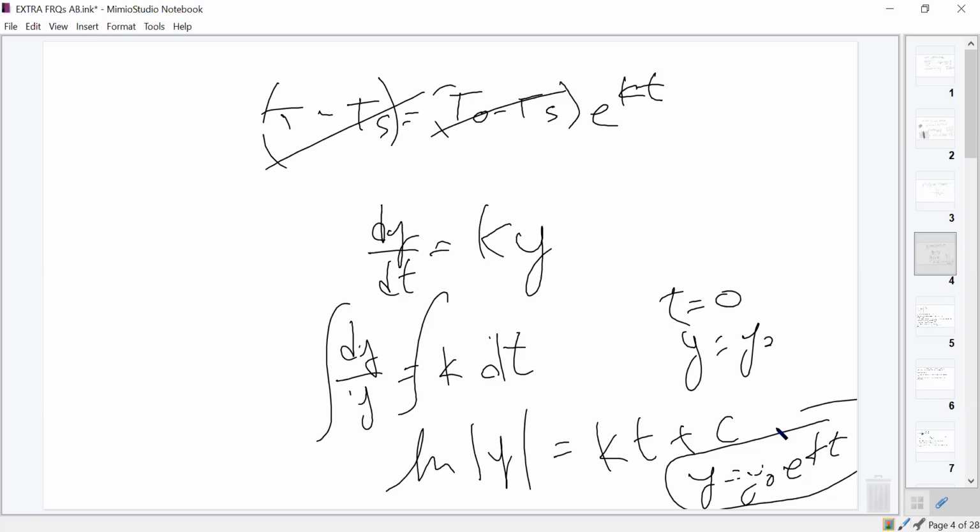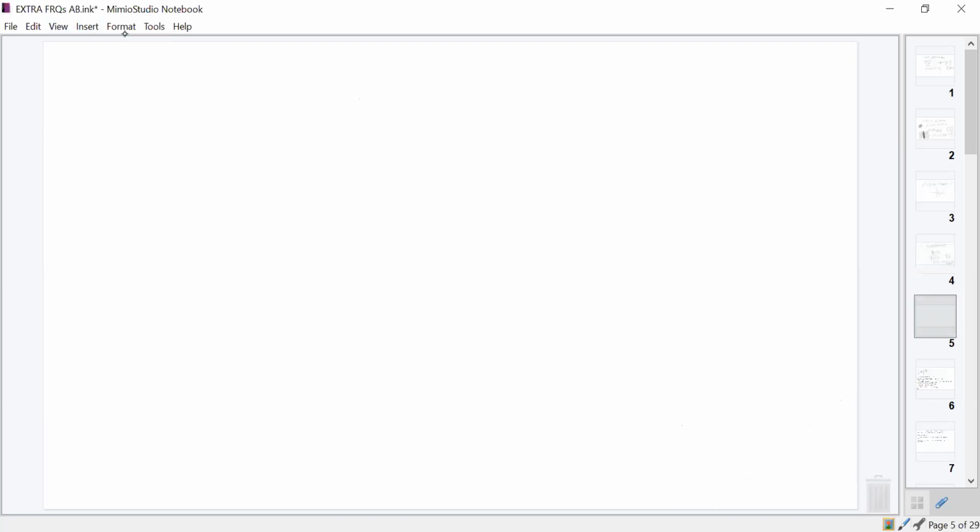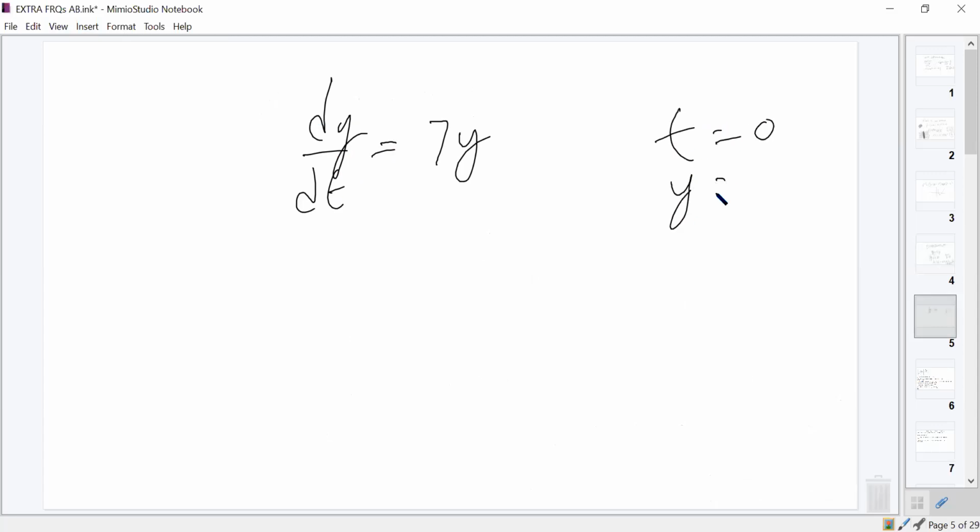Usually the only way they might do one of these where it's exponential growth or decay in the multiple choice, where they don't give you the formula, is they might just give you dy dt equals 7y, and ask you to solve given some initial condition, let's say that t equals 0, y equals 10.